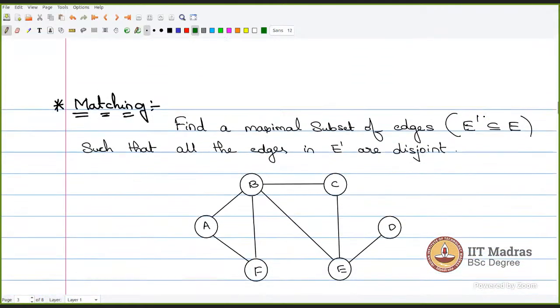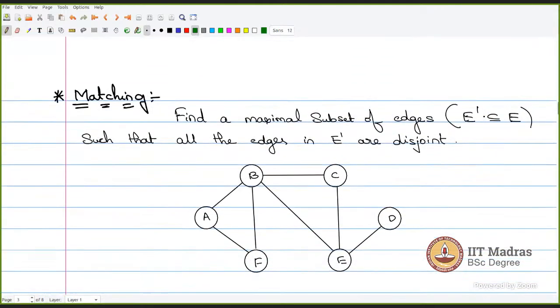So now comes matching. Till now we have been finding subsets of the vertex set. Matching plays with a subset of the edge set. If you have some edges E in your graph, we try to find a subset of edges E prime such that all the edges in it are disjoint.